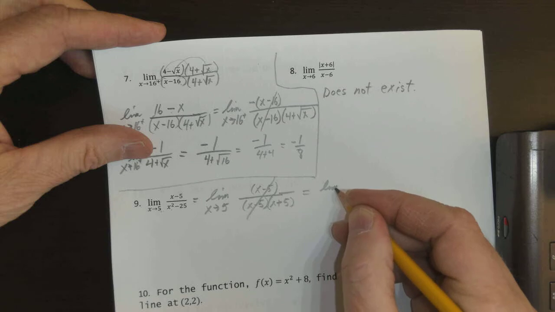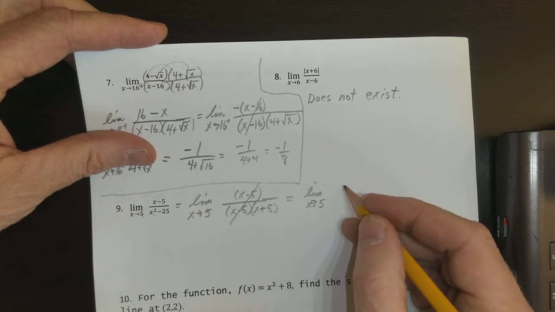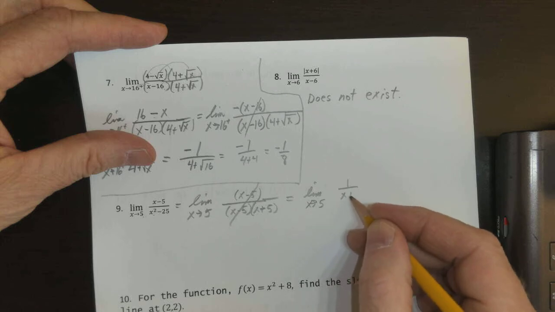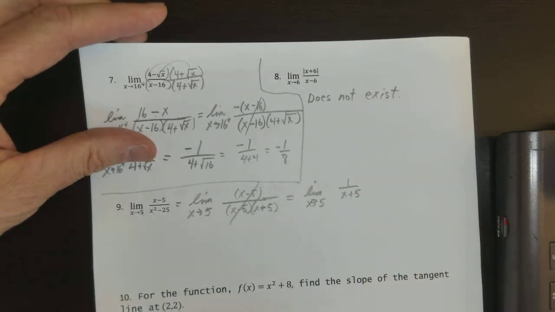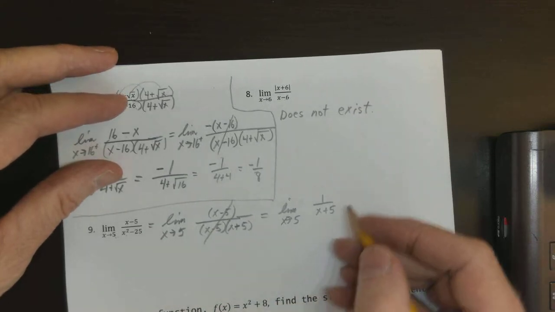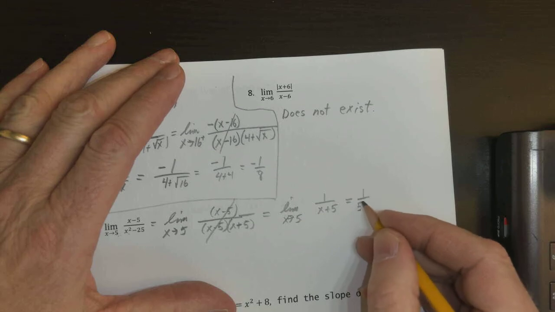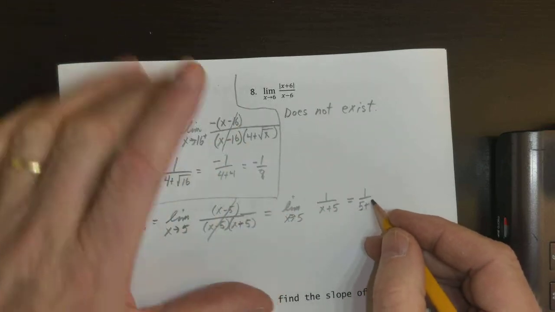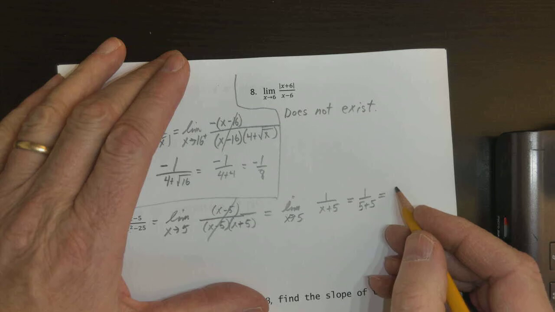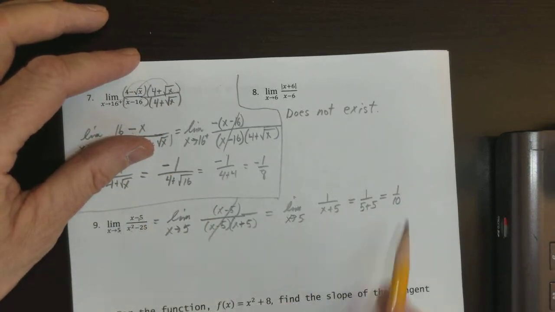So the limit as x approaches 5, 1 over x plus 5. All right, we're good to put a 5 in now. That's 1 over 5 in place of the x plus 5, 1 over 10. So that limit is equal to 1/10.